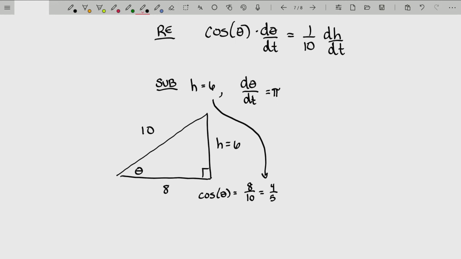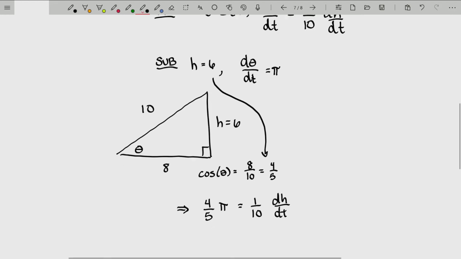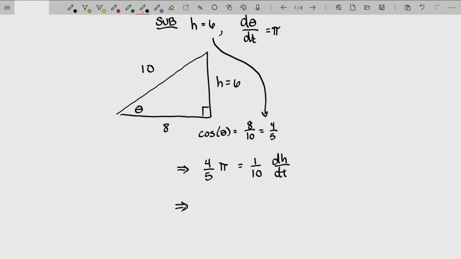And so now our rate equation becomes 4/5 times pi is equal to 1/10 dh dt. Or in other words, multiplying both sides by 10, 8 pi is dh dt.